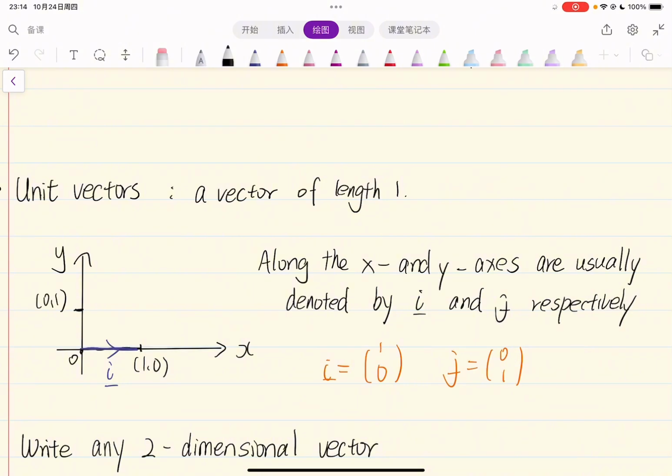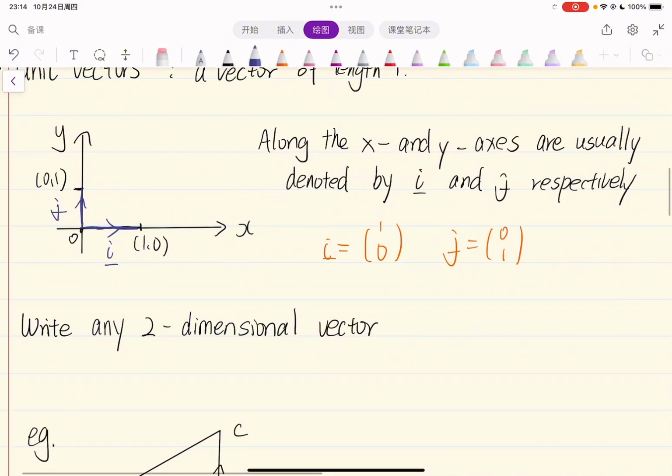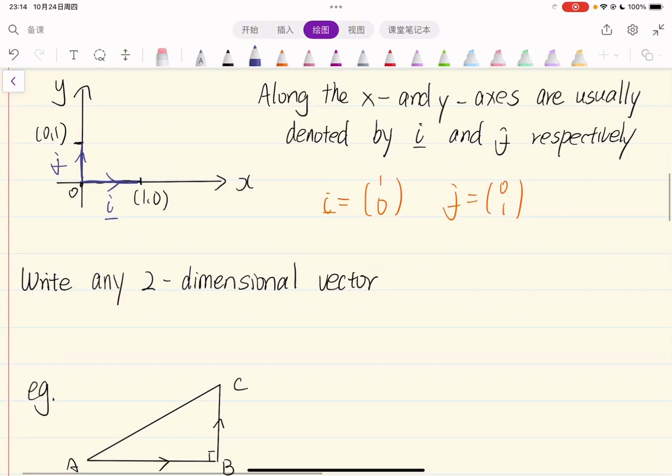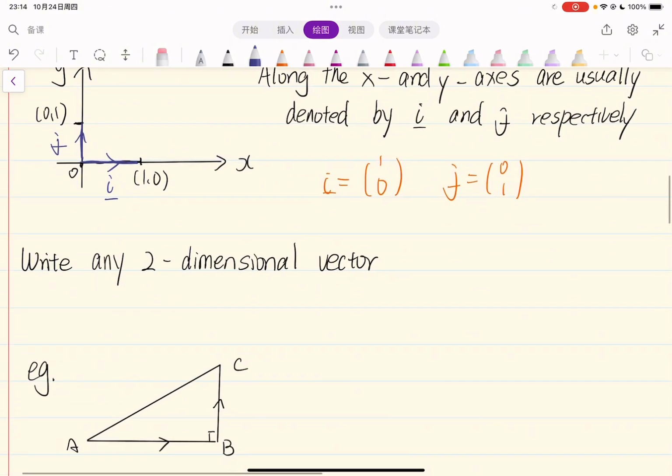From the origin to this point, we call this a vector j. If we use i and j to represent other vectors, we usually write pi plus qj.